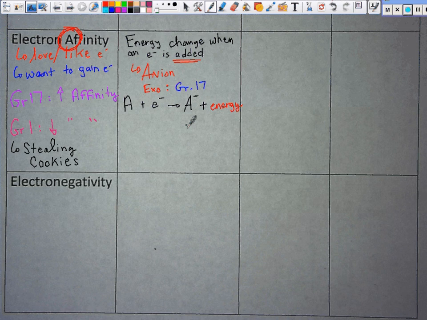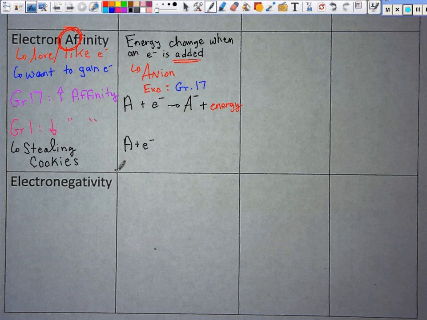So you have the neutral atom, then you have plus electrons. Where do you think the energy would go now, to force you to do it? It's an endothermic reaction, but where is the energy going to be? It's going to be a reactant. Very good. Now we have the arrow, and it's going to be an anion.